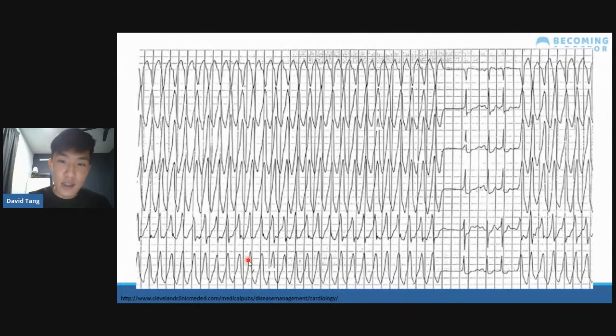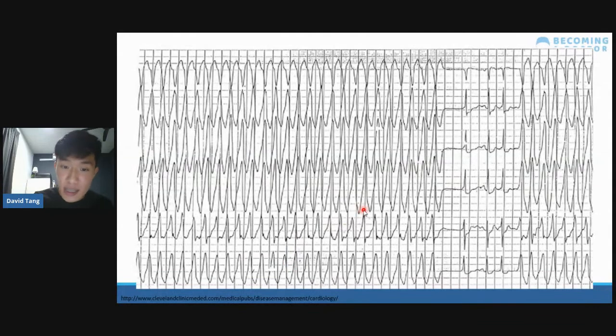Right. So shall we hear from the crowd? What sort of ECG are we being posed with? So this is definitely a fast ECG. In fact, one might argue that if you haven't seen a VT before, this looks very much like a VT. But someone has posted saying this is SVT.